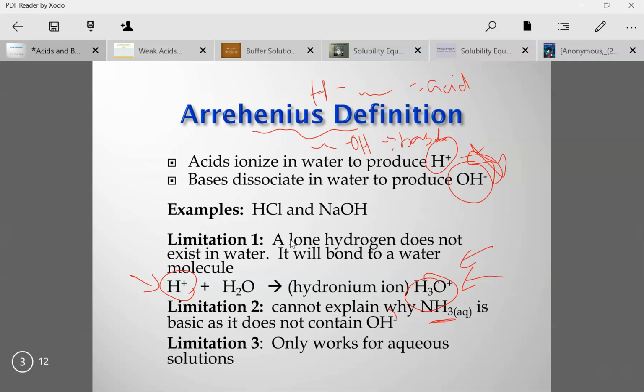Ammonia is basic, even though it does not contain OH minus, but the pH of ammonia is above 7, so Arrhenius couldn't explain that. And then it only works for aqueous solutions. So for example, HCl gas would not have been considered an acid, even though it is.